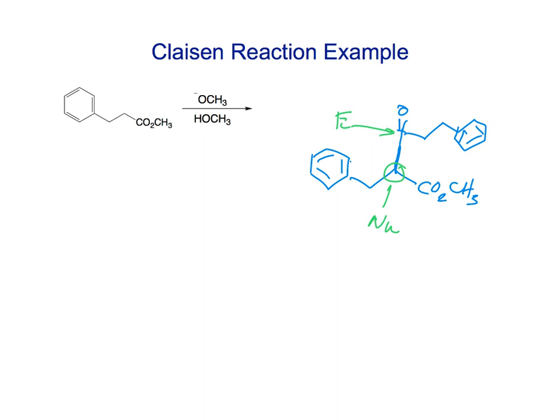Okay, if we're drawing the mechanism of this, then we want to remember that the other product would be ethoxide, and this equilibrium would shift all the way, it would deprotonate this alpha position. So if I ask you to draw the mechanism of the Claisen, I want to see the acid-base chemistry at the end. Okay, so that would be like this. We can just draw the same.